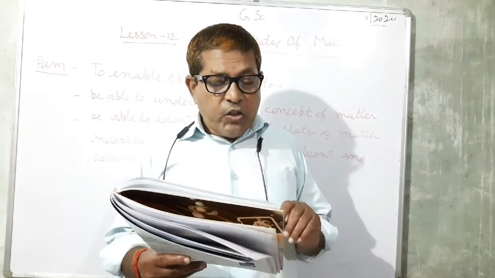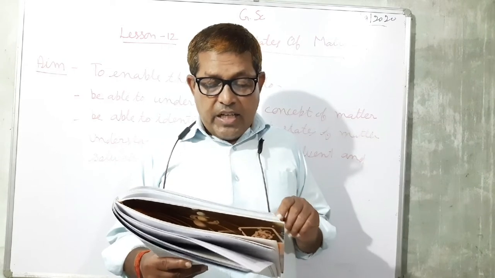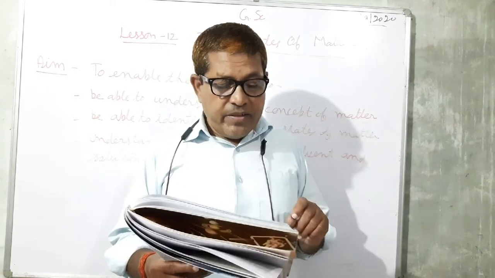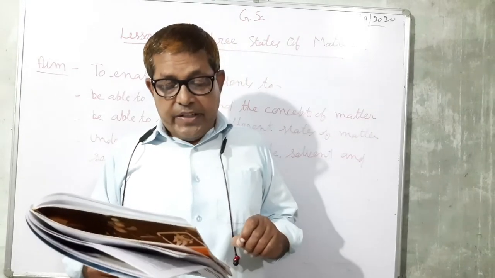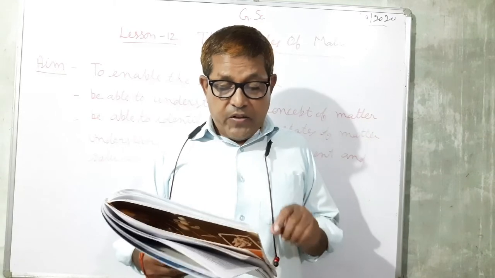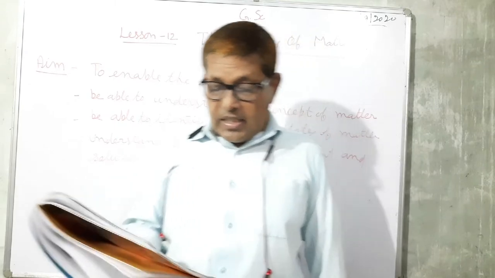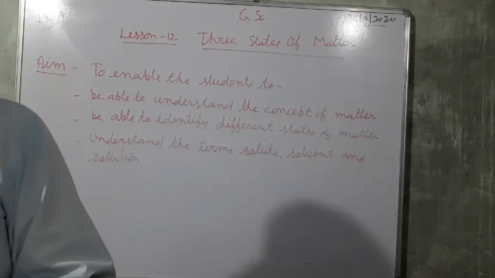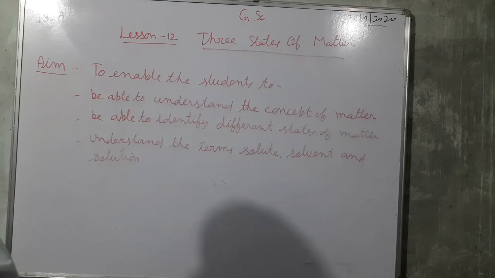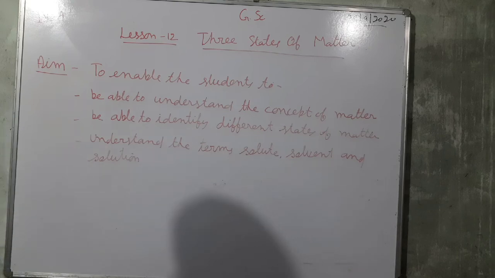They are closely packed. That is why solids are hard and rigid. They occupy different shapes and different volumes. Computer, desk, and floors are some examples of solids. So you try to understand the properties of solids and make a list of solid materials.